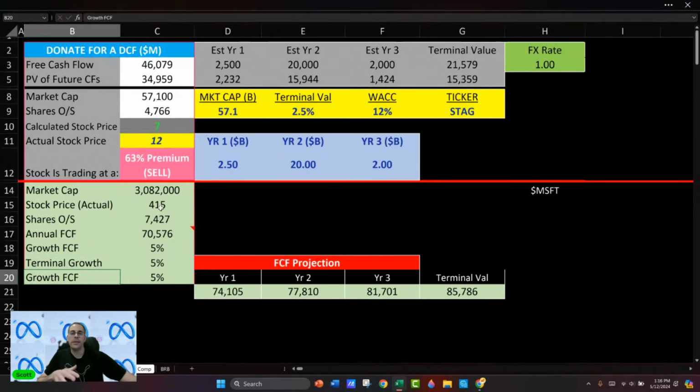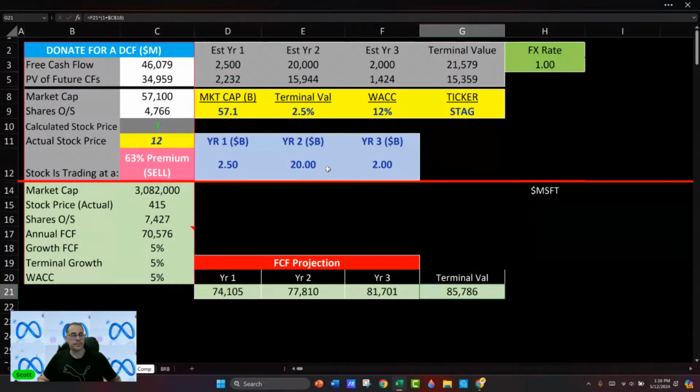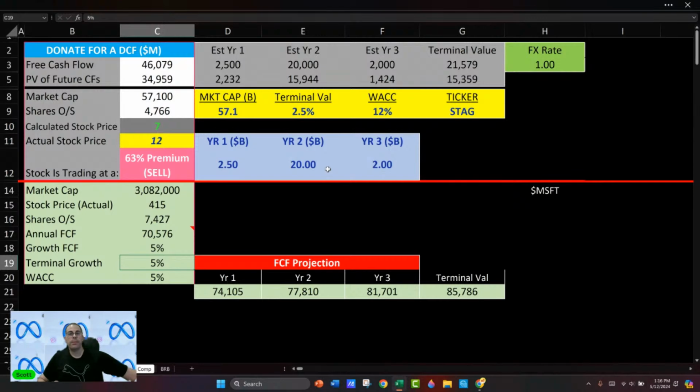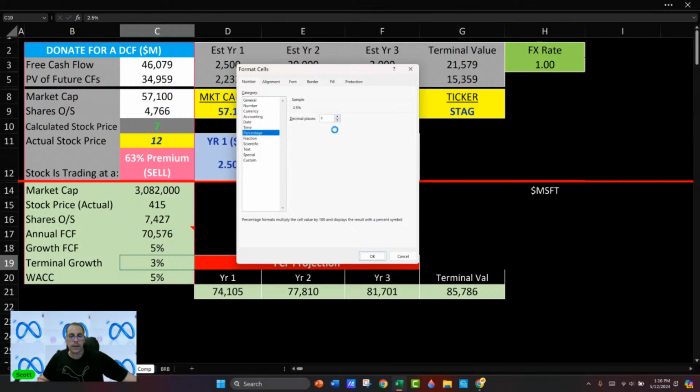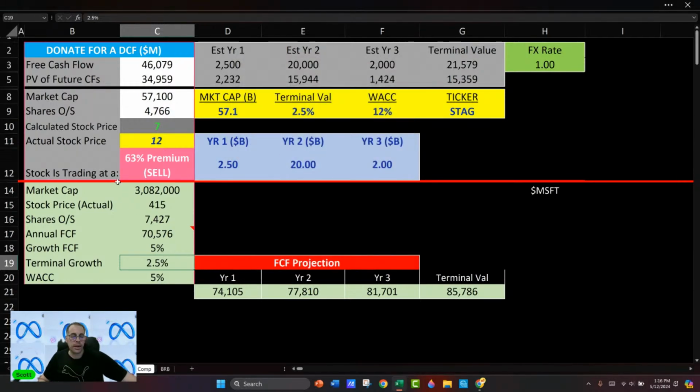And the terminal value is very similar to the dividend discount model or the Gordon growth model, if you wanted to search those terms and learn about them. So generally, the growth in perpetuity, the terminal growth, you don't want it to be more than inflation. Usually I use 2.5% in my videos. I'll explain a little later why.